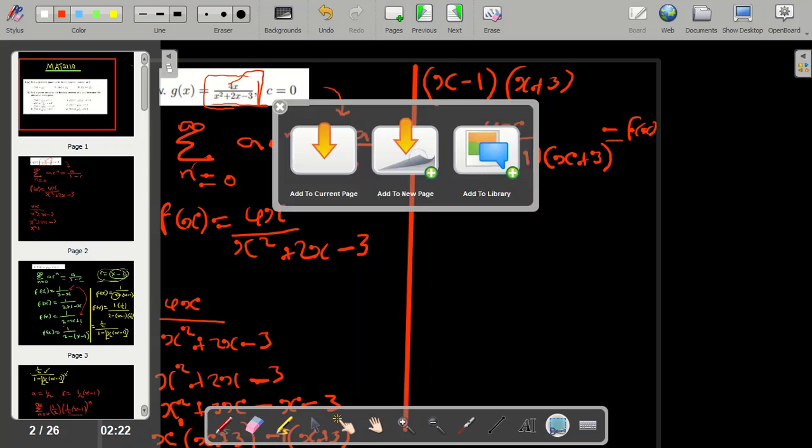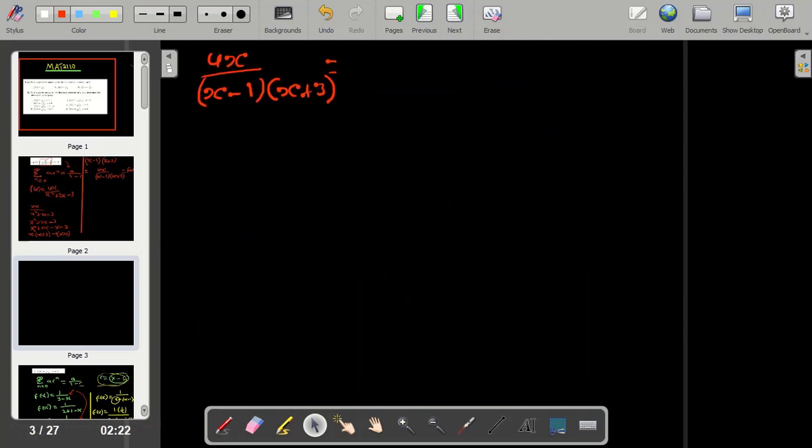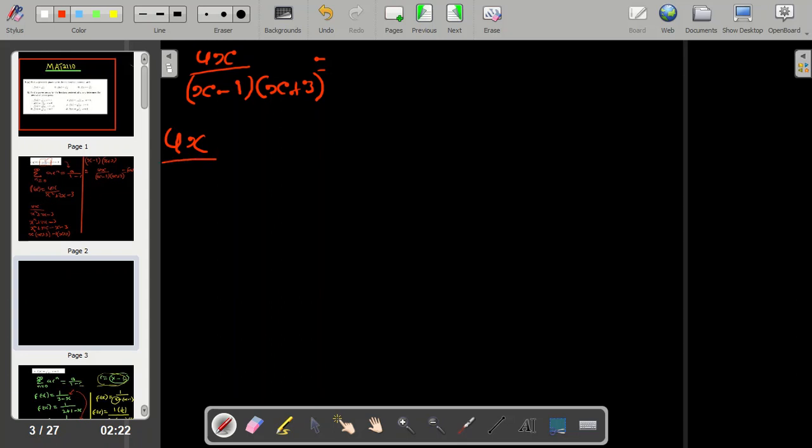By the knowledge of partial fraction decomposition, we know that we are going to have 4x divided by x minus 1 multiplied by x plus 3.